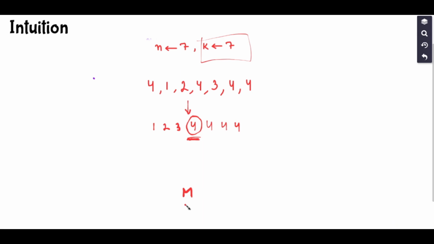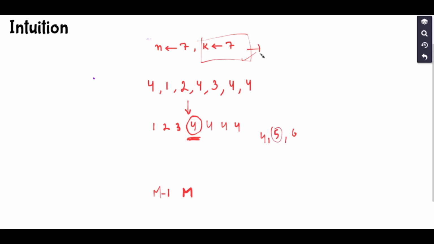That means if m is the maximum median which I can obtain in this array after performing at most k operations, I can always achieve m minus 1 as the median after performing k operations. That's obvious. If I can achieve 5, then I can achieve 4 as well. If I can achieve 6, then I can achieve 5 as well.